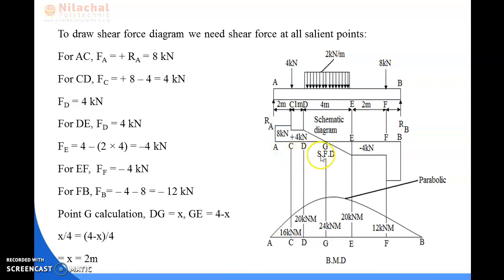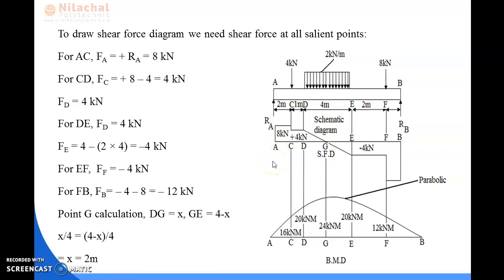So the total distance is 2 plus 1 plus 2, that is 5 meter. So we can say the point of zero shear force, that is G, is situated at a distance of 5 meter from the support A.